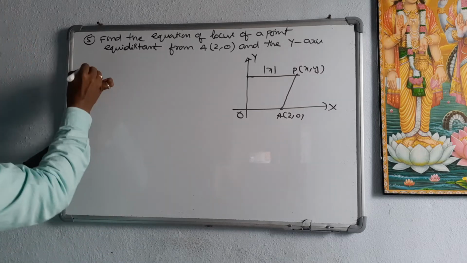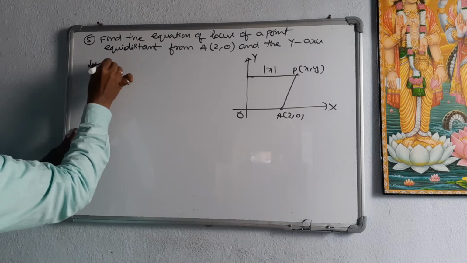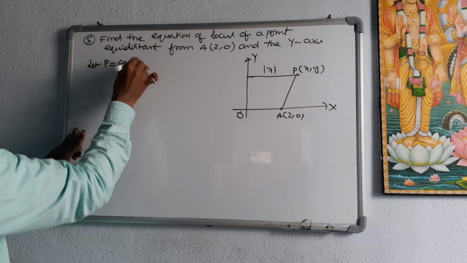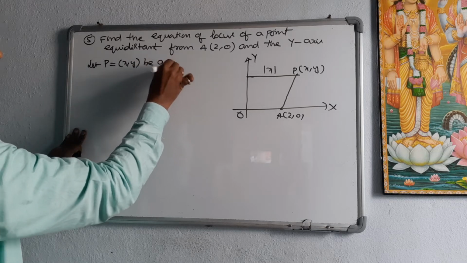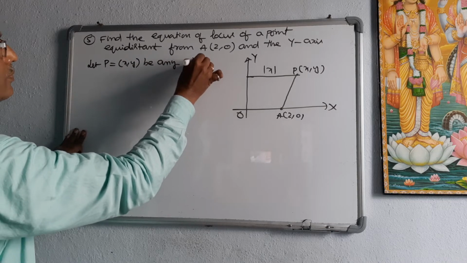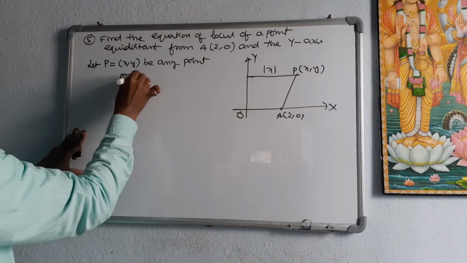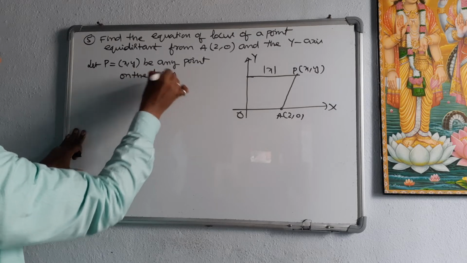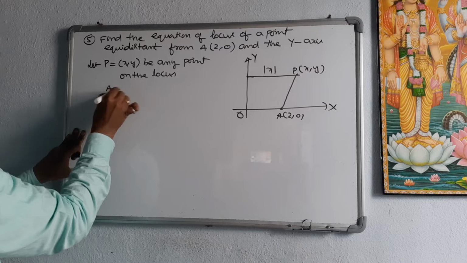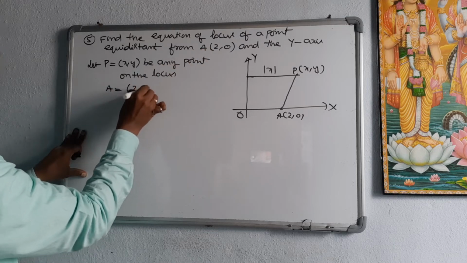Here let P x comma y be any point on the locus. Capital A is equal to 2 comma 0 given in question.